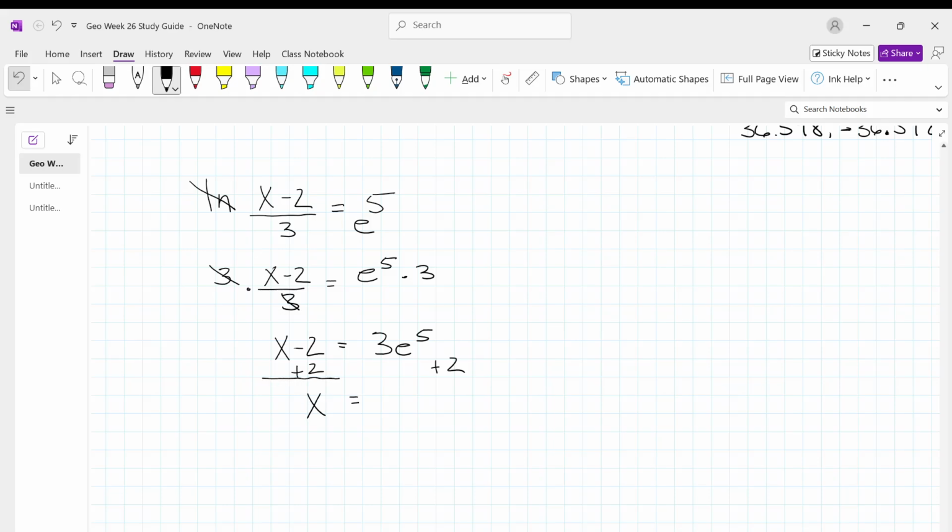So our x is equal to 3 times e to the 5th plus 2. And then we can finish this up. So I'm going to take e to the 5th times 3 plus 2. 447.239.